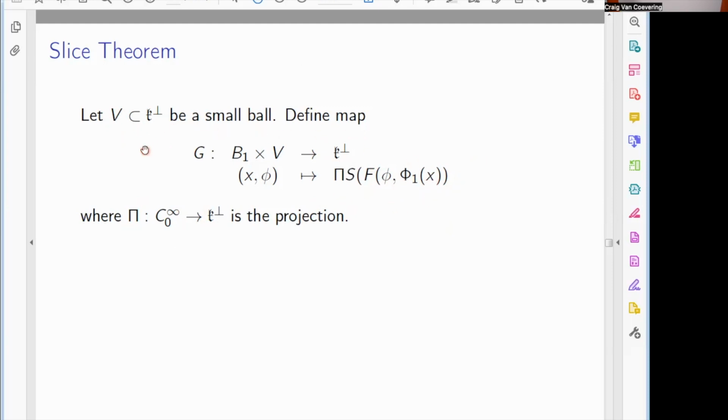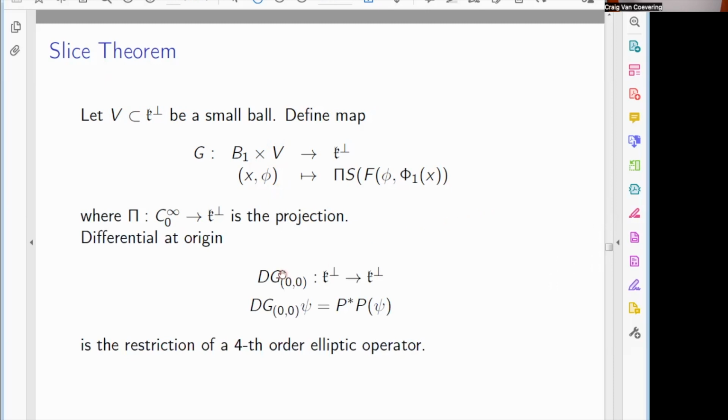So you get this map, and then you can check its derivative with respect to phi, where V is the neighborhood in the perpendicular space here. The derivative is an elliptic operator, an isomorphism at the origin, because it's just the Lichnerowicz operator composed with its adjoint. So this is an elliptic fourth order operator.